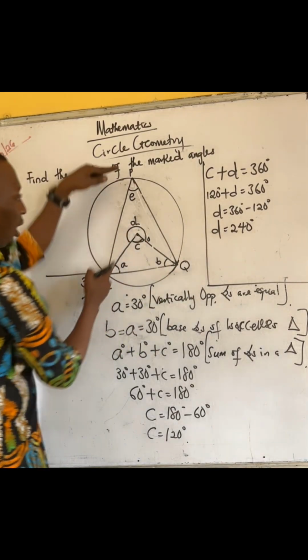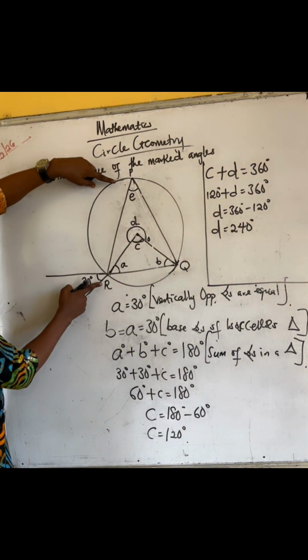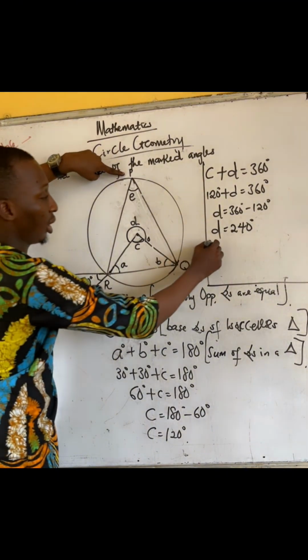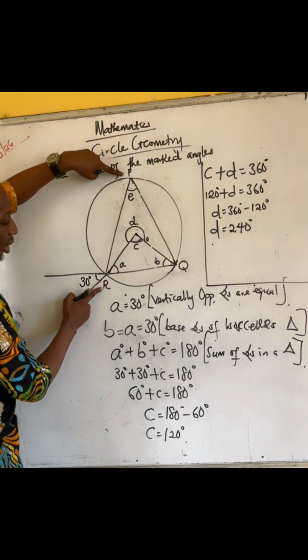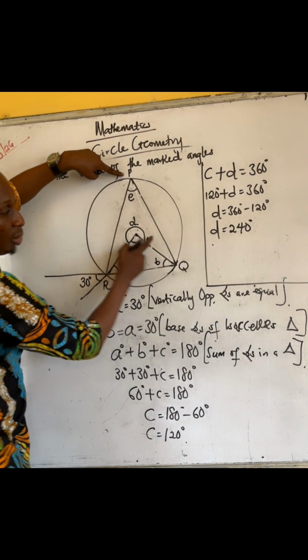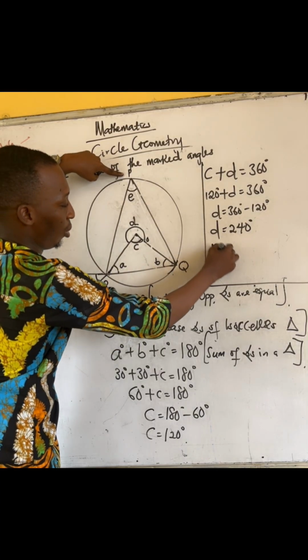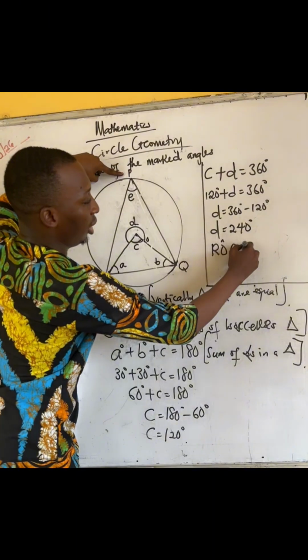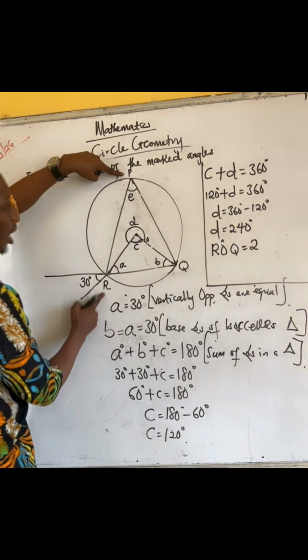So angle E, by the time I consider this, I'm considering RPQ. That's my E now. So, don't forget, the angle at the center, let me say this one is O, angle ROQ is equal to twice angle RPQ.